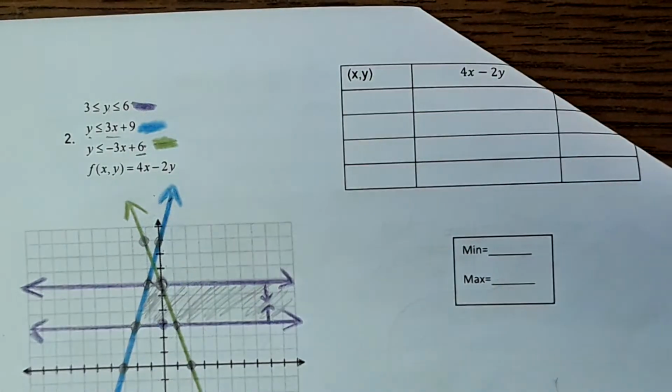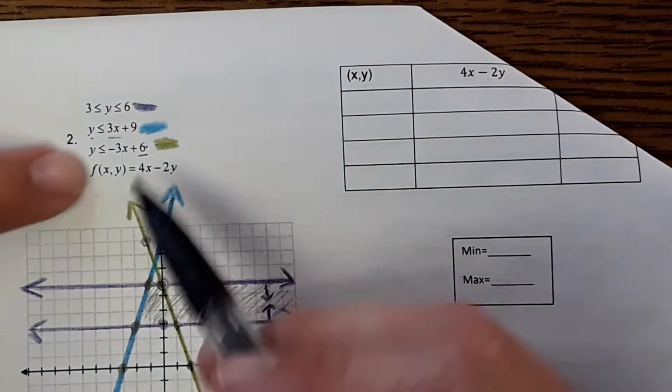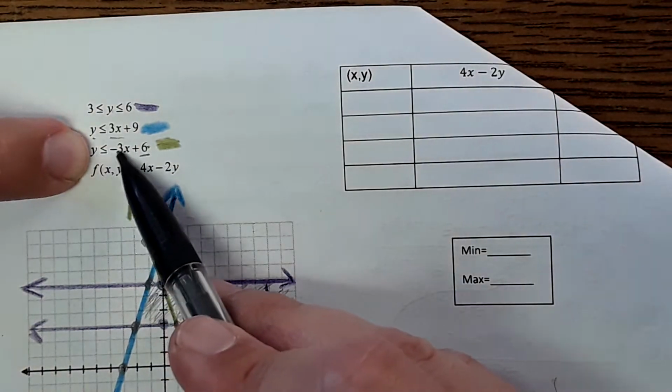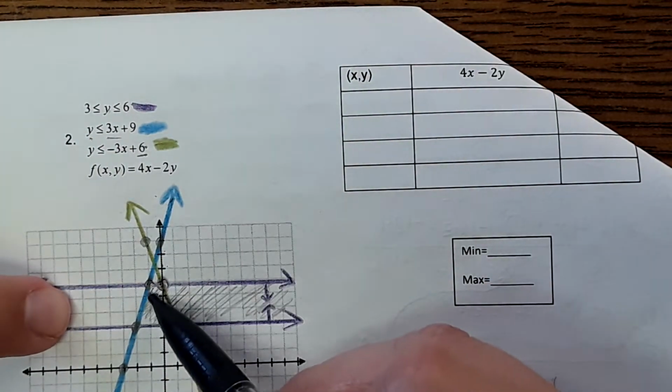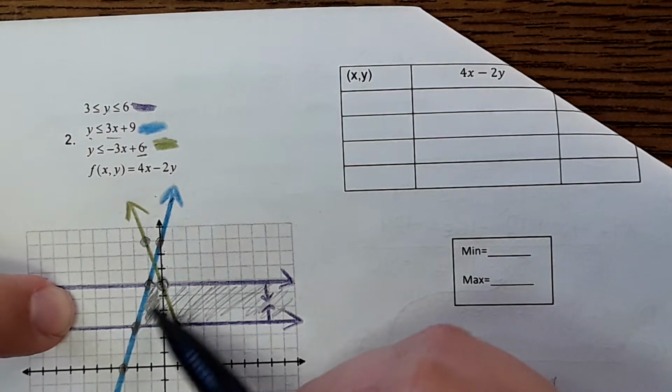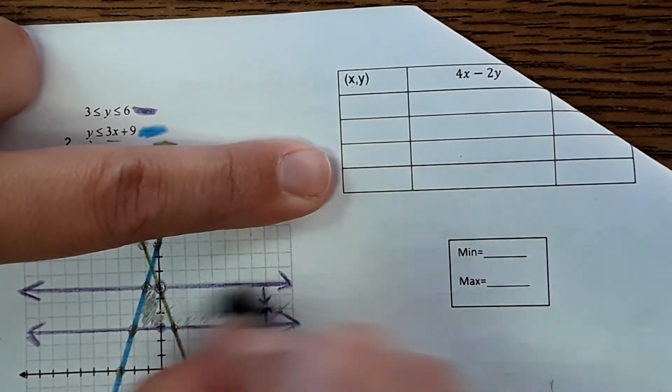Okay, there's my green line. And for the green one, y is less than -3x plus 6, so the shading goes underneath the green line. So the overlap is just that little part.